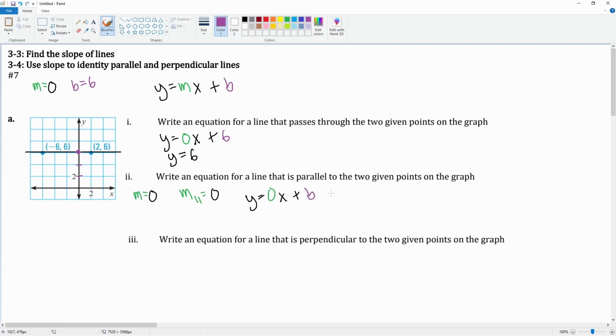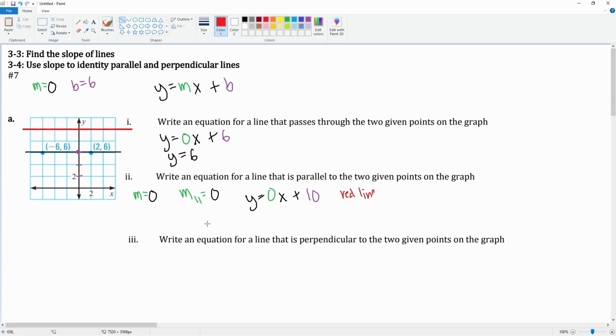We can pick any value here besides 6. Let me just pick 8, or 10. How about 10? If we want to graph this, this is going to be the red line. That would be this line right here. It has the same slope, a flat line, with the y-intercept of 10.